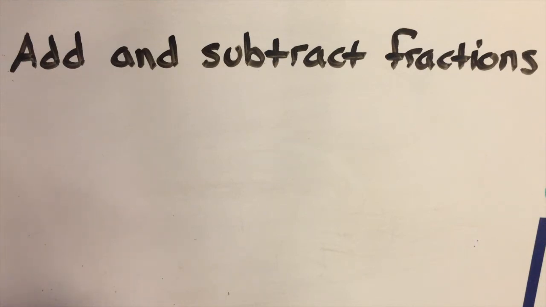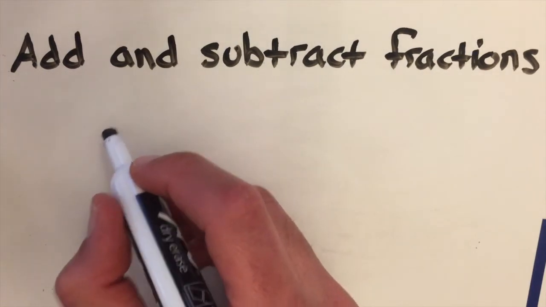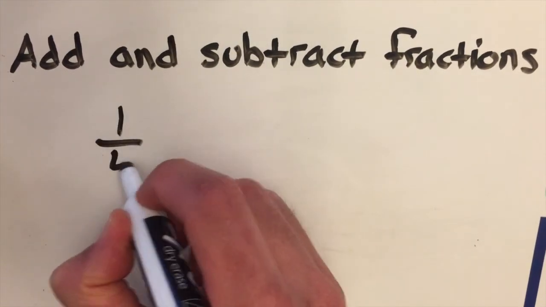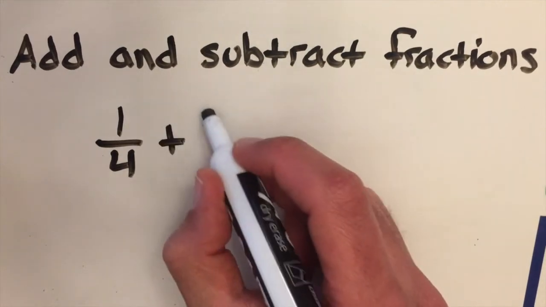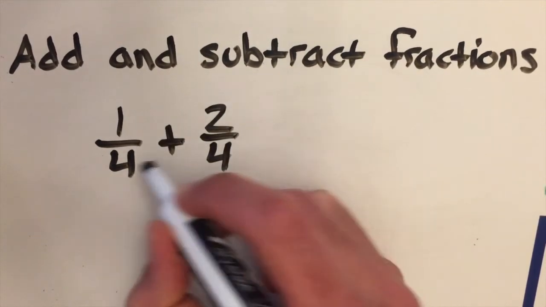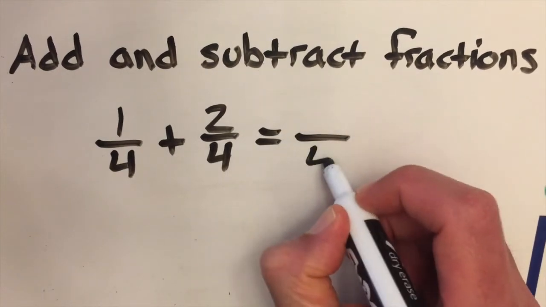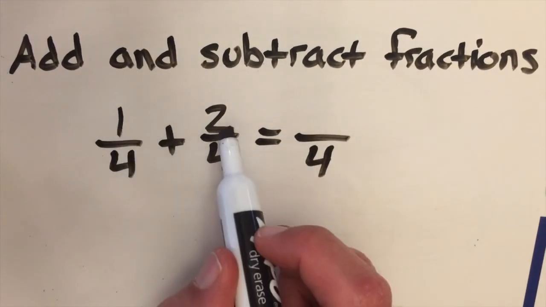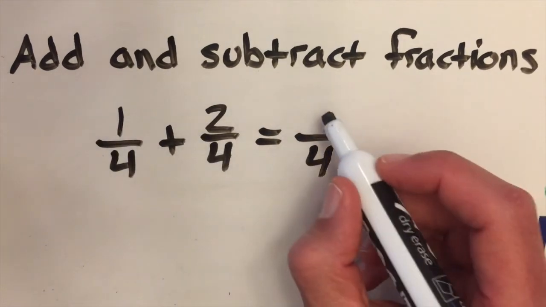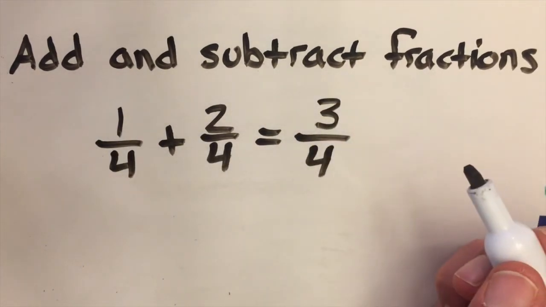It does get more complicated as students move up to 4th and 5th grade and above. But for 3rd grade purposes, if we're talking fourths, if I had said 1/4 plus 2/4, you leave the denominator alone. So in that case, it would stay a 4, and you simply add the numerator. Add 1 plus 2. So you would say this is 3/4.